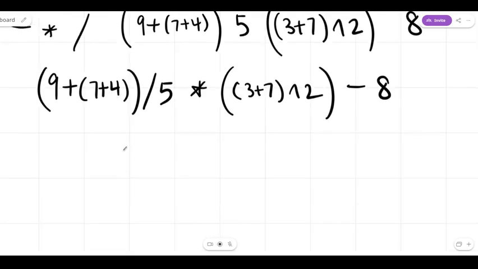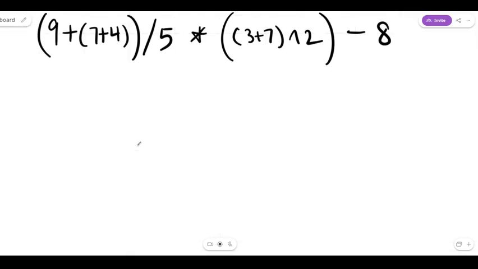So this should be the correct infix expression, and now we want to convert this into postfix. And we already have the parentheses, which is nice. So let's go from here.